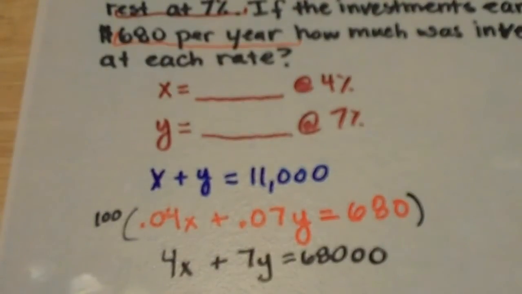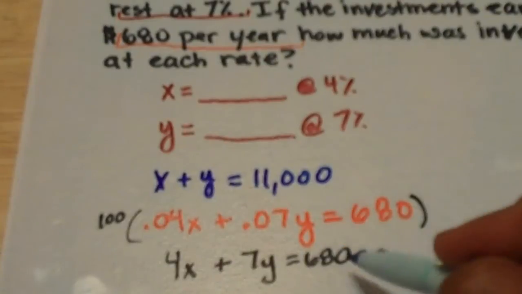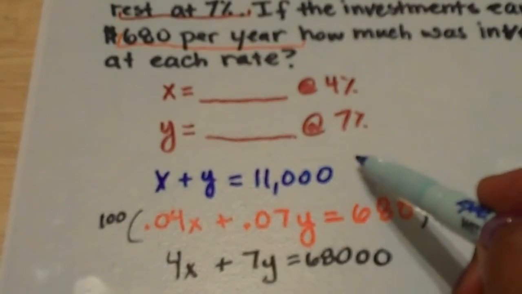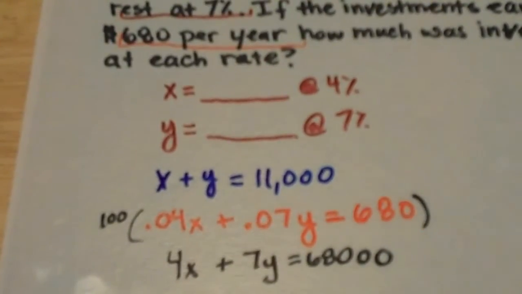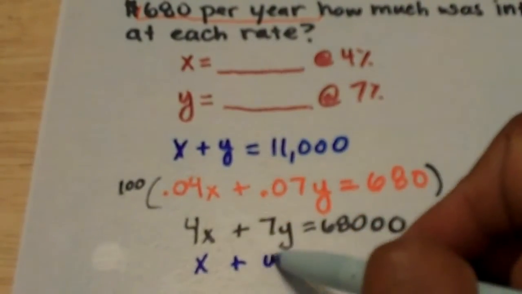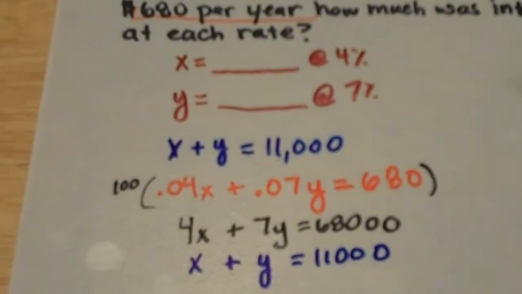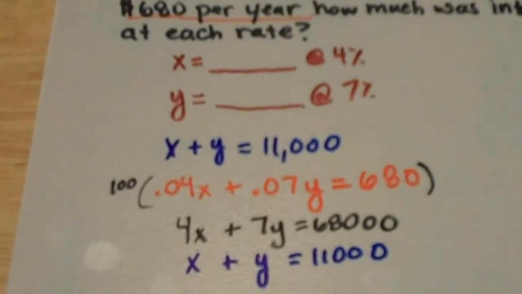So now we have an equation that we can work with. We're going to take this equation, 4x plus 7y equals 68,000, and this equation, x plus y equals 11,000, and we're going to use those as our system of equations. So now we can easily solve this using elimination. So I always suggest going with a smaller number.